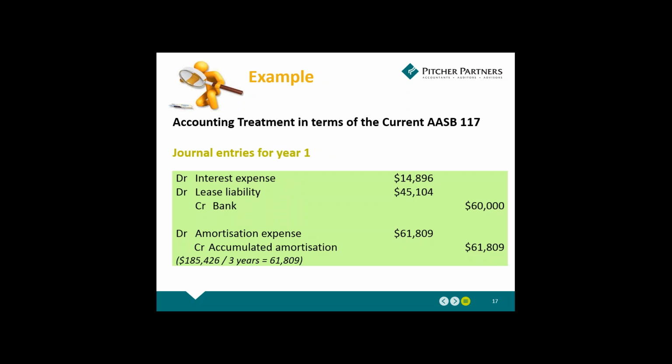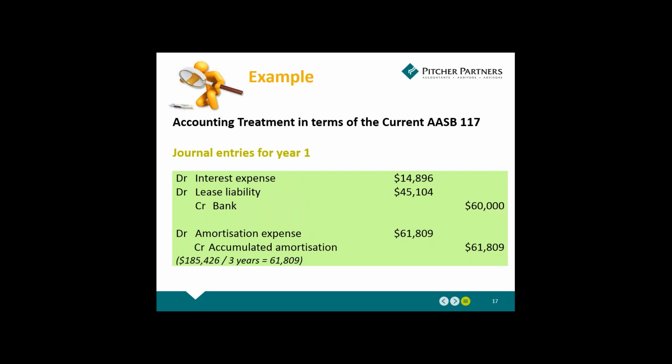So that's day one. Our journal entries for year one, at the end of year one, we would say we know the cash flow in year one was $60,000, so we credit bank $60,000. According to our amortization table, our interest expense is nearly $15,000. Our lease liability, the capital repayment, is around $45,000.